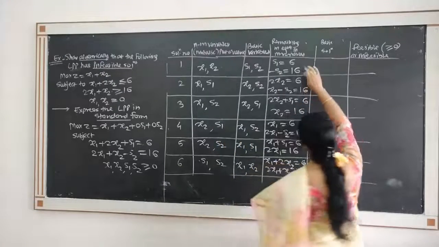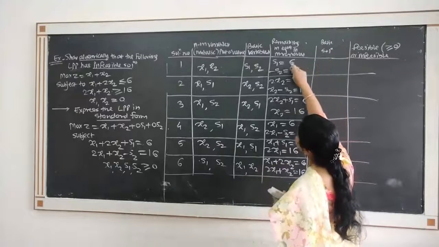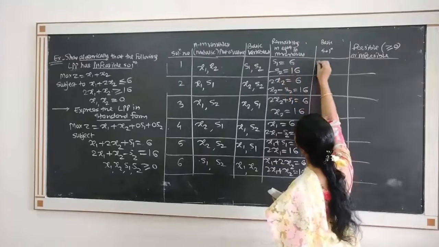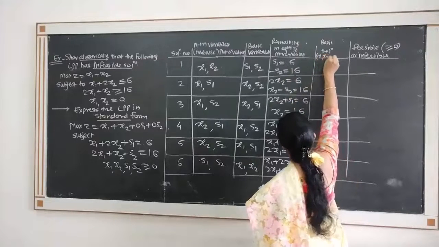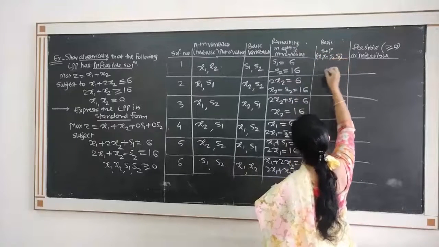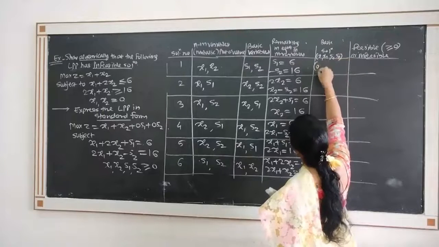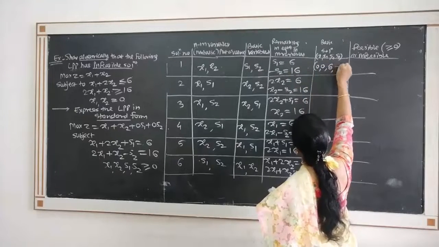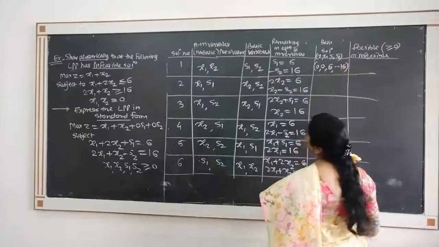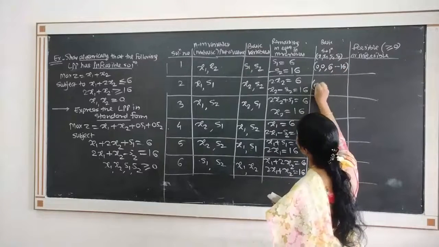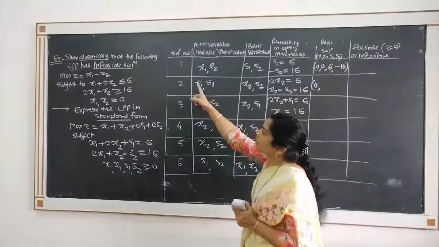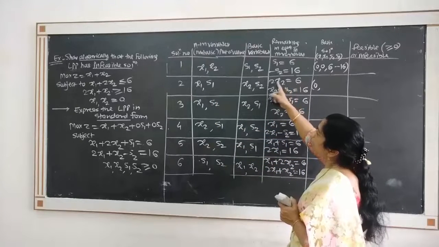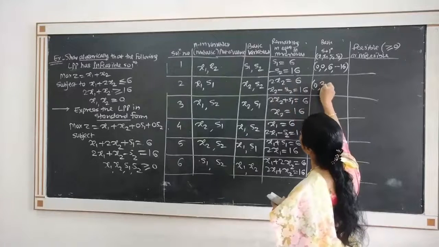So see the first case. We get s1 is equal to 6 and s2 is equal to minus 16. So the values of x1, x2, s1, s2 are: x1 0, x2 0, s1 6, s2 minus 16. See the second case. We have x1 0 because we are putting x1 equal to 0. By solving this, 2x2 is 6, so x2 is equal to 3.